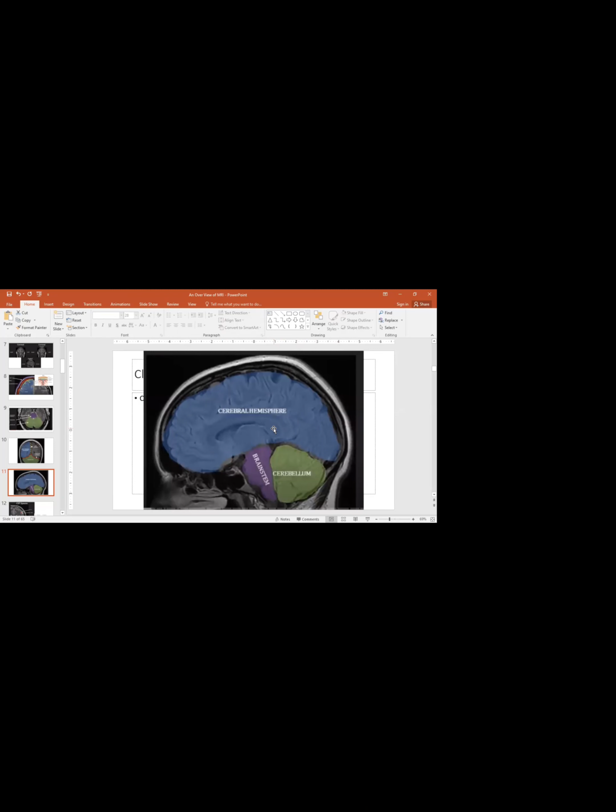We can see this structure very well. Below the cerebral hemisphere on the posterior side is the cerebellum, and anterior to the cerebellum we see the brain stem. They are very important structures in this midline sagittal section.